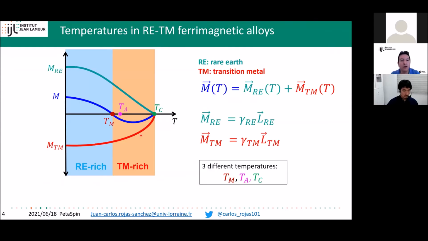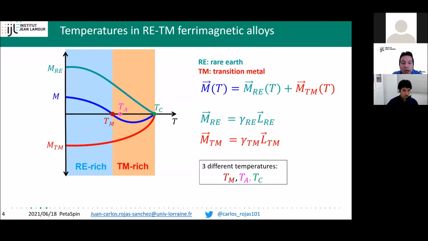So let's remember, I think you all know, but let's remember some characteristics of these rare earth transition metal ferrimagnet alloys. So we have two magnetic sublattices, one given by the rare earth and the other by the transition metal, and they have different temperature dependence. So as a consequence, we have some characteristic temperatures here showing this blue curve. When the net magnetization vanishes, we call this the magnetic compensation temperature.